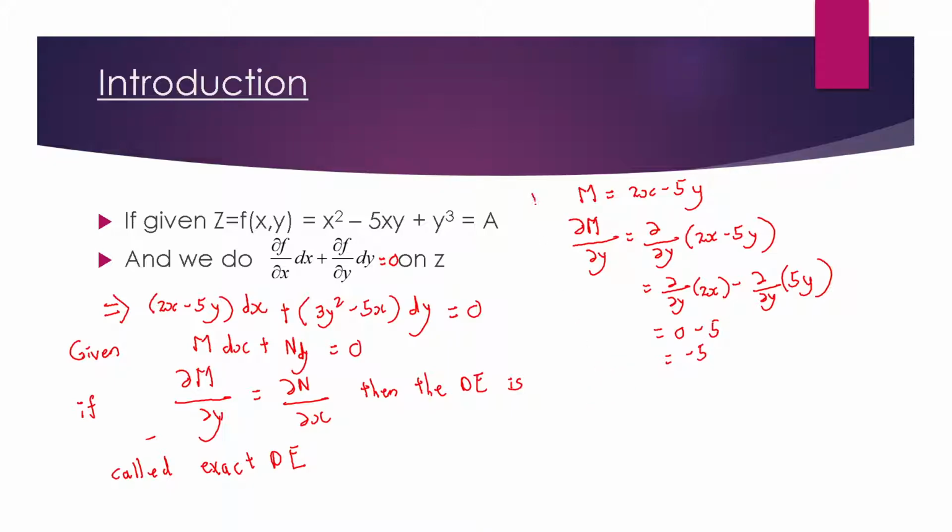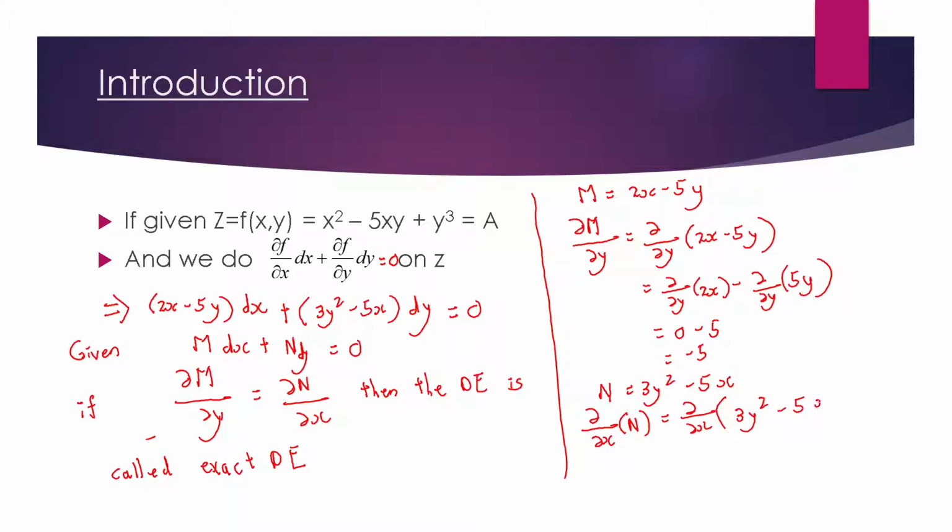And then N is the coefficient of dy. So N is actually 3y squared minus 5x. For the coefficient of dy, it differentiates with respect to x. So it's opposite. So you del x of 3y squared minus 5x, and you can break it term by term.